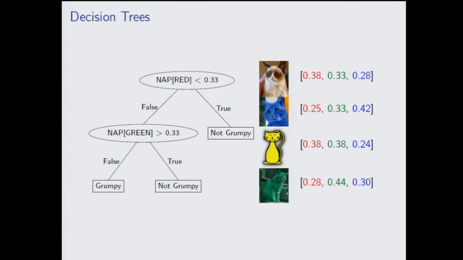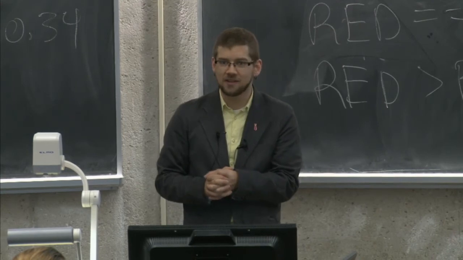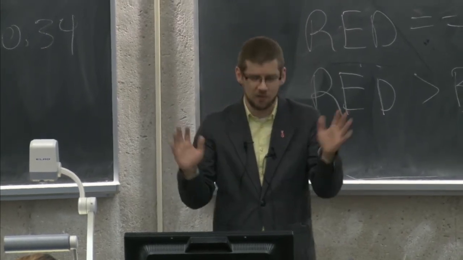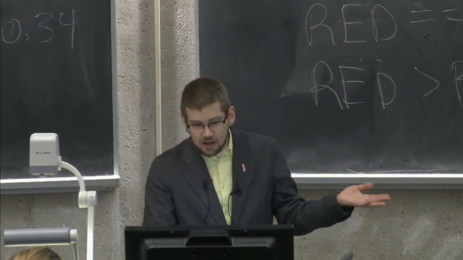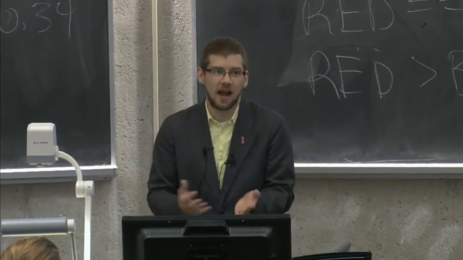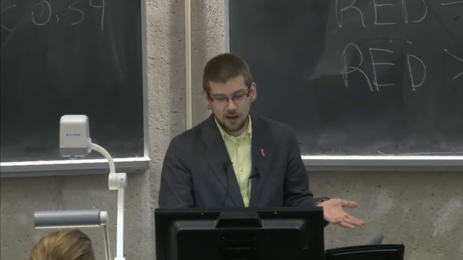This tree has made a decision about any image that you could ever possibly give it. And it categorizes all possible images into grumpy or not grumpy, which might or might not make sense, but there you go. What can happen is as you're using your decision tree, sometimes you're going to get new data that don't have the answer that you would like. Like maybe this cat is actually super grumpy.